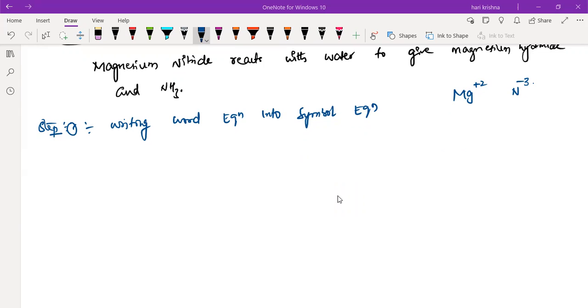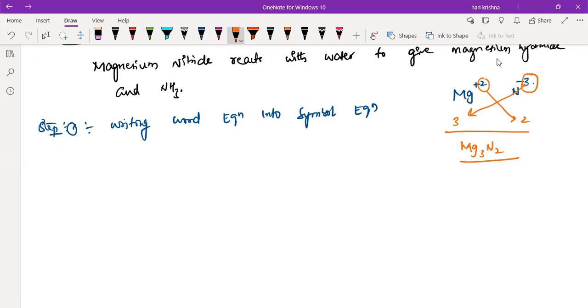So writing the word equation into the symbol equation: magnesium nitride means what? Mg will show a +2 state, and nitride means N minus 3. So crisscross. Crisscross means what? We'll take only the numbers. This number 3, and this number 2. So magnesium, how many are there? Mg3. Nitrogens, how many are there? 2.